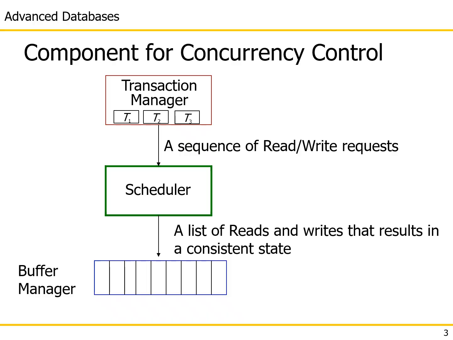And this is important because the reads and writes will overlap from all transactions, but not all overlaps are safe or will result in a consistent state, as we will see. So really the brain of the transaction manager is the scheduler. It's the one that schedules how things should run. By things, I mean the sequence of reads and writes coming from different transactions.